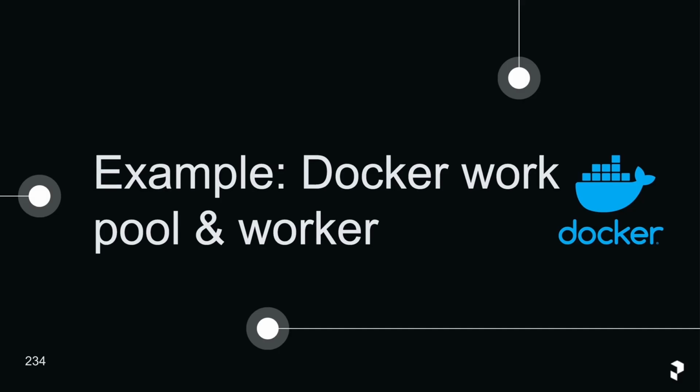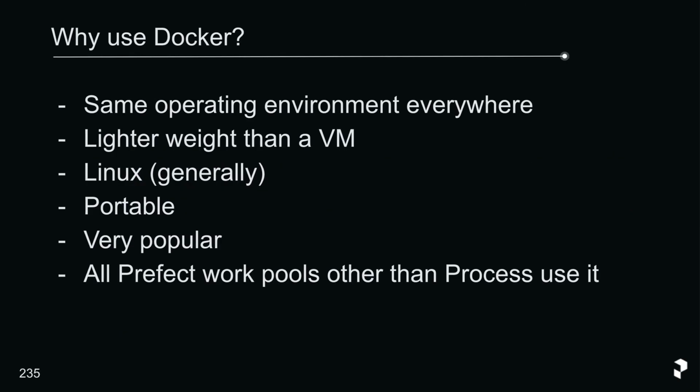Another example of the hybrid work pool and worker setup is to use Docker. Why exactly would you want to use Docker to deploy your workflows? Well, here are a few of the reasons why. You get the same operating environment everywhere. It's lighter weight than a virtual machine.